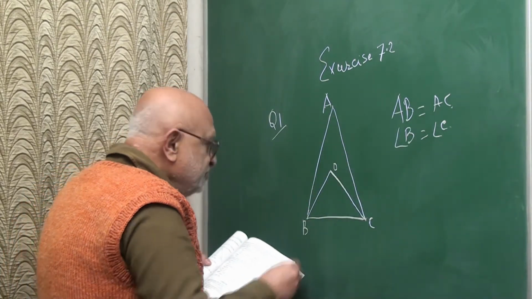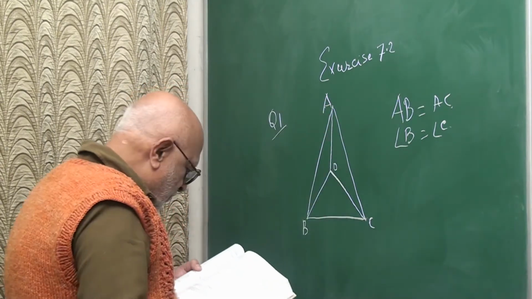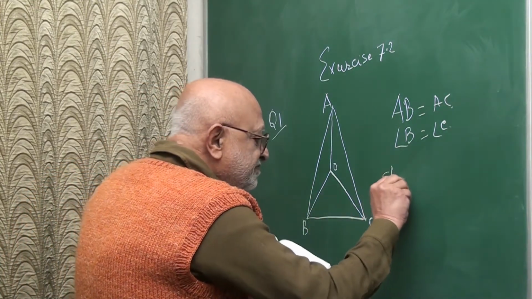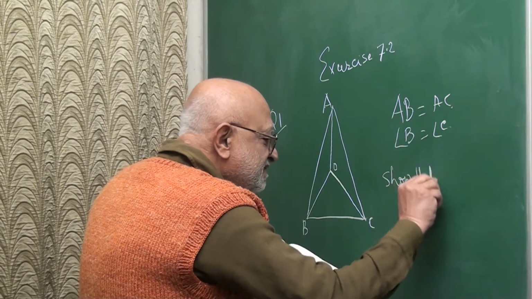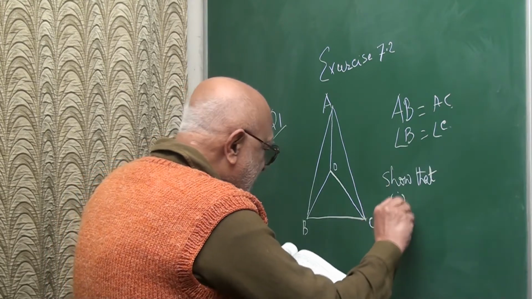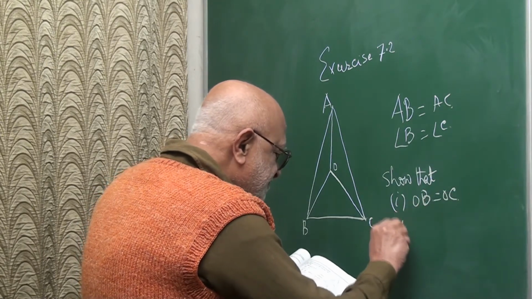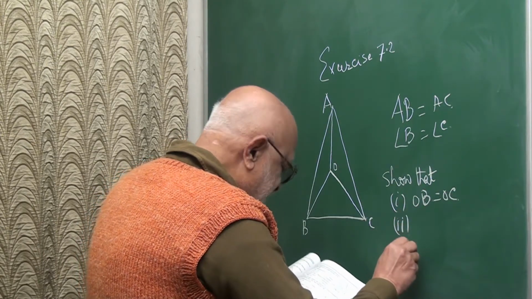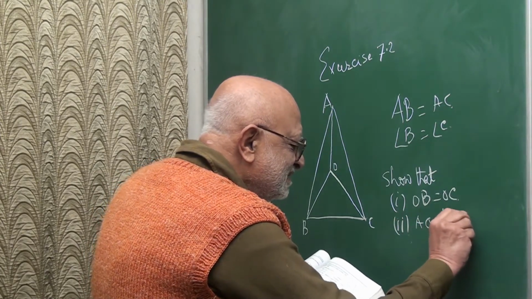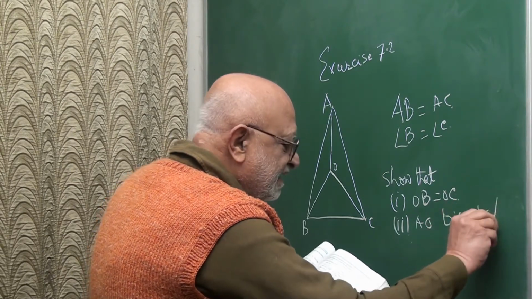Then it says join A to O. Show that, 1, OB equal to OC, and 2, that AO bisects angle A.